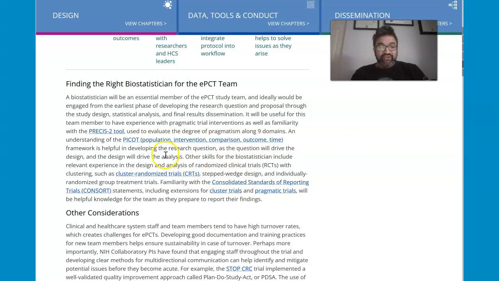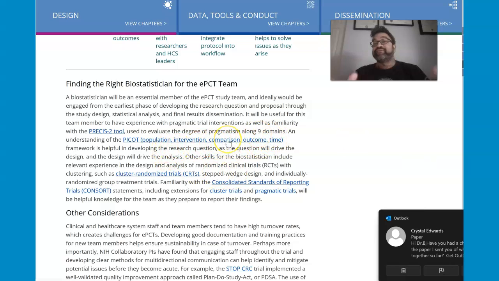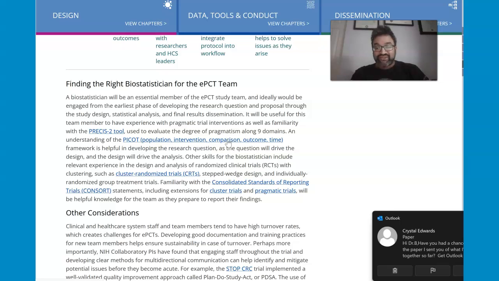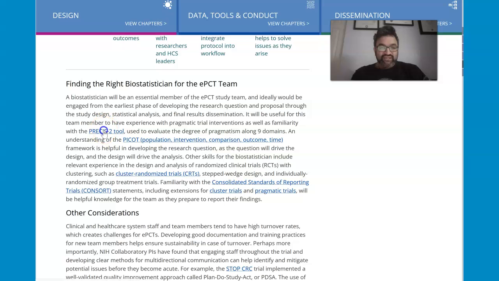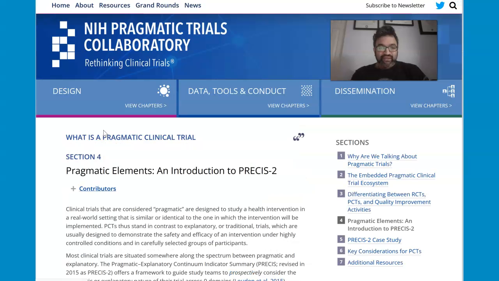There's actually a PICO tool that I've explained to you about, but also the PRECIS-2 tool, which is important.